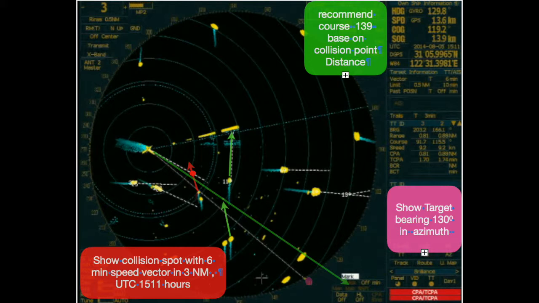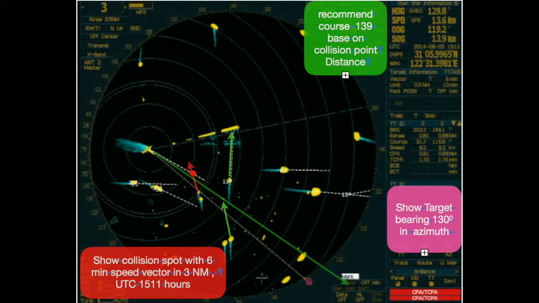If your memory is good, you can remember last time we recommended the course 120 degrees. Right now, the recommended course is 140 degrees, 20 degrees more than the original one.